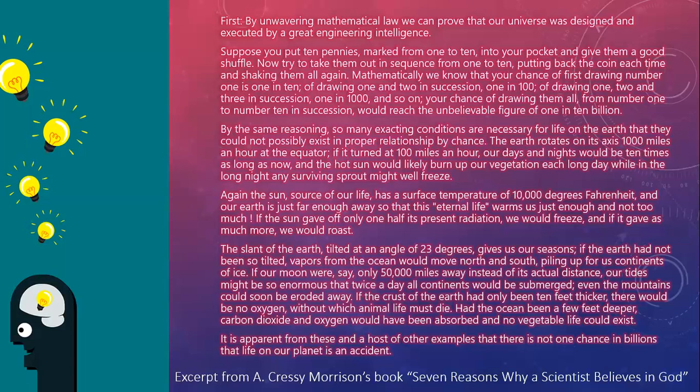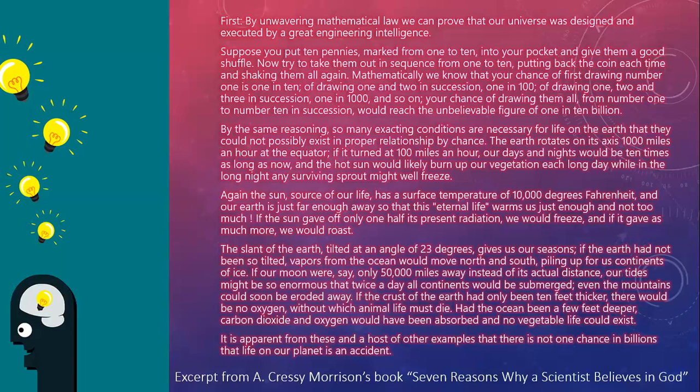Life on Earth consists of many processes, and for him, this doesn't just occur because of chance. There are exacting conditions, just like the distance of the Earth from the Sun, even its rotation on its axis. That's why only planet Earth has life, right? And he stated here that the Earth rotates on its axis 1,000 miles an hour at the equator.